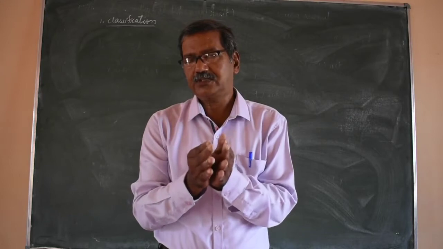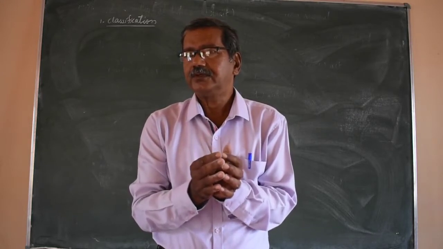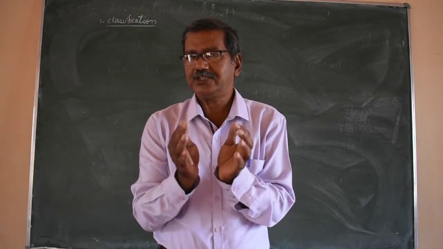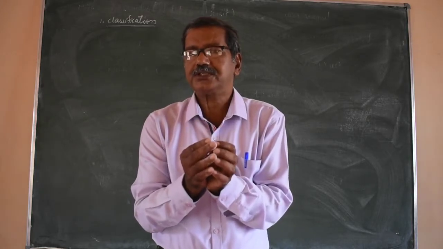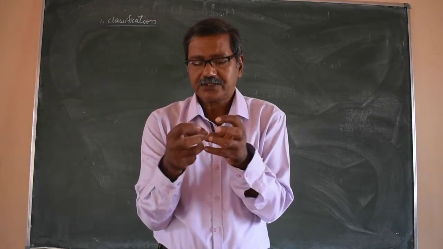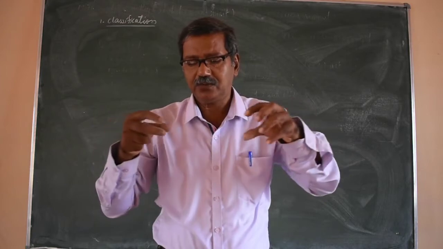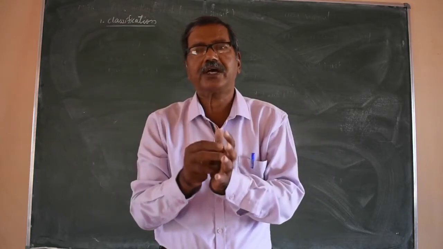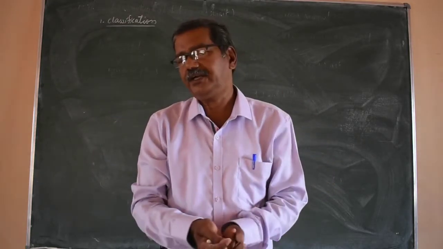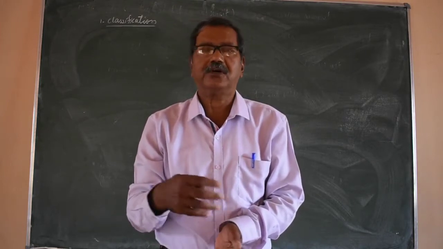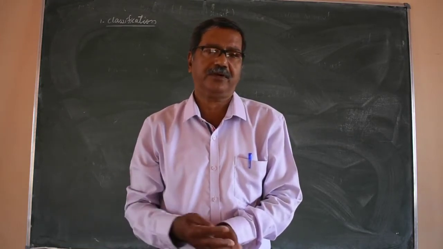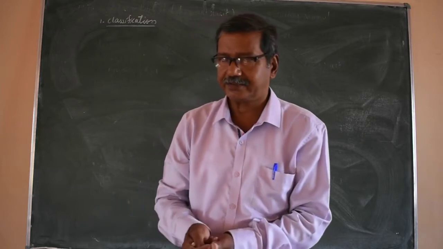Afterwards, iso. We know iso means CH attached to 2 CH3, meaning the CH group is attached to 2 CH3 groups. So we can identify isoalcohols also, for example, isopropyl alcohol, isobutyl alcohol, etc.